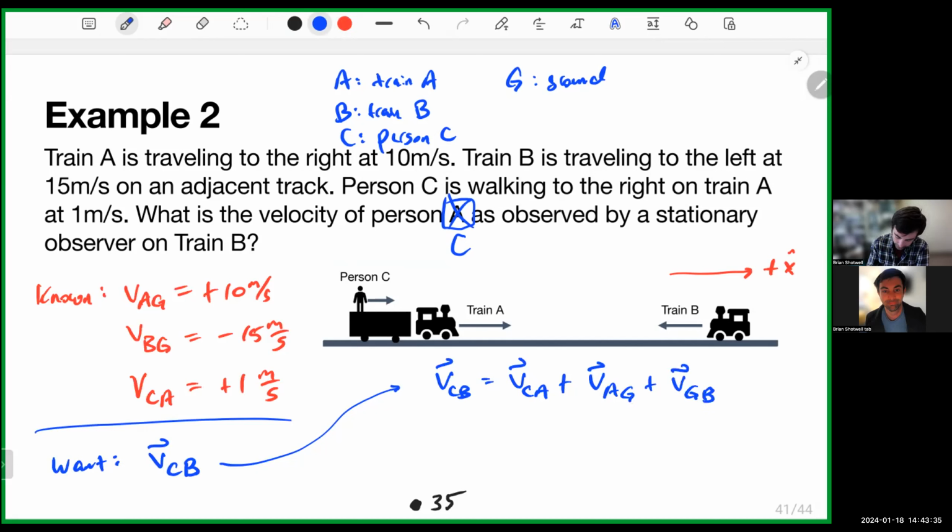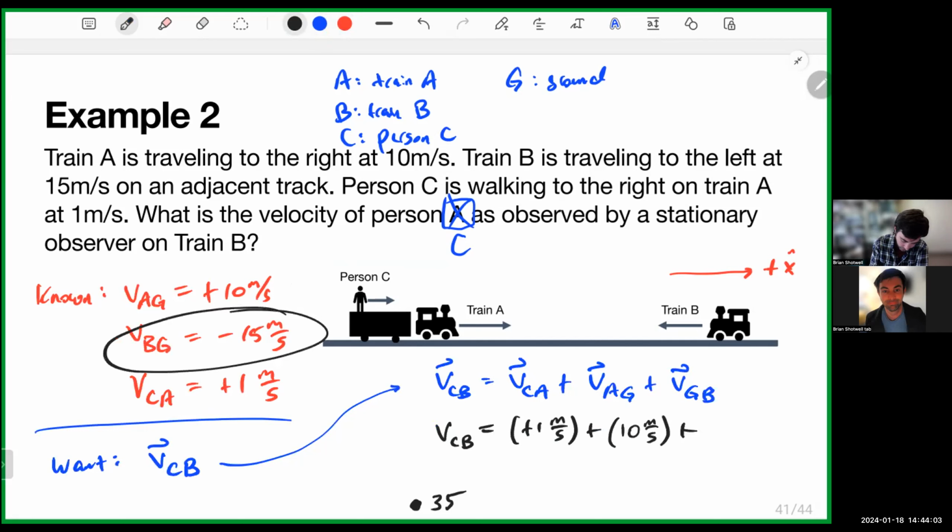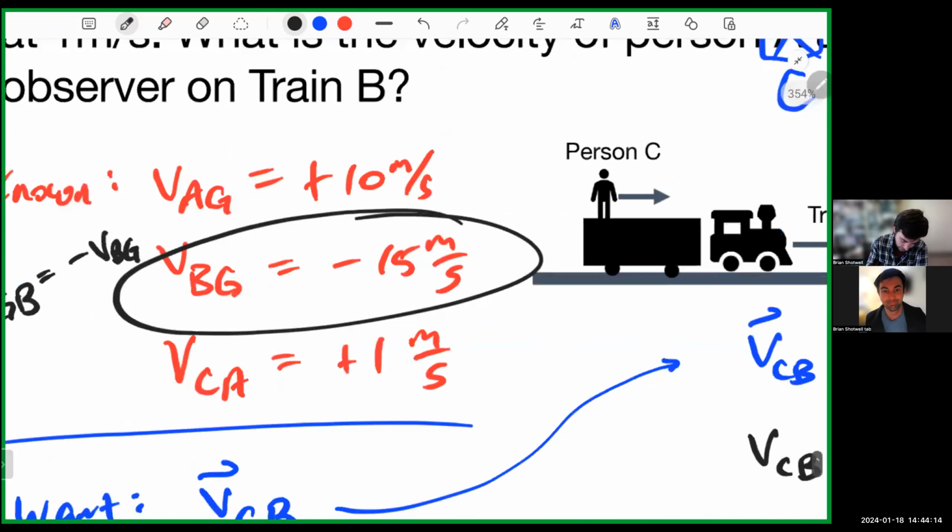So I'm going to get rid of the vector sign here. Everything's in 1D, so we can just write these as positive or negative numbers. So V_CB, which is what we're trying to solve for, is V_CA, which is plus 1 meter per second. And then V_AG is 10 meters per second positive. I'm just reading these off right here and here. And then V_GB: if we flip the indices here, G relative to B is opposite of B relative to G. Sorry.